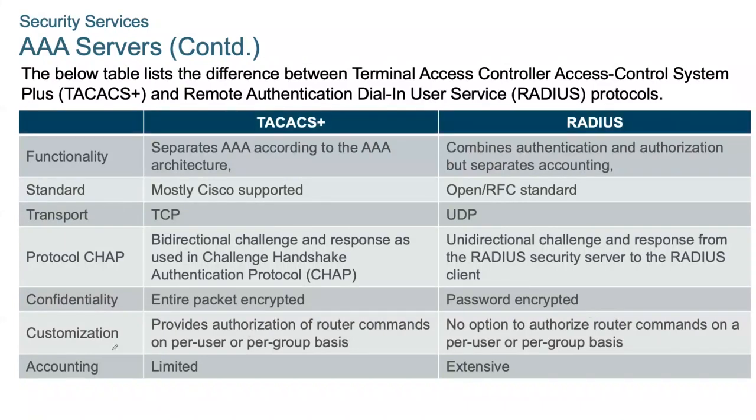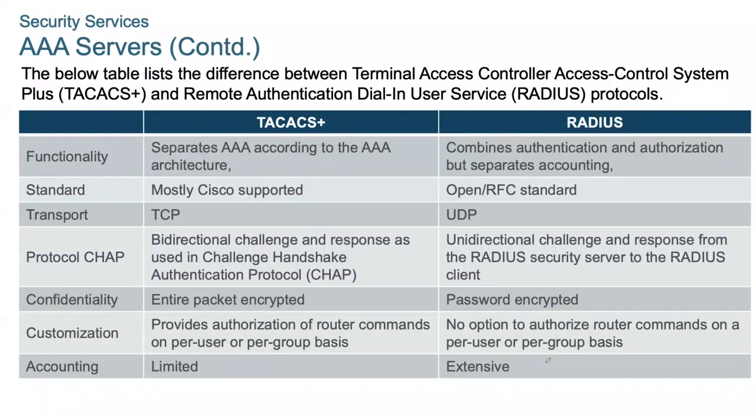And regarding customization, that means the authorization part, TACACS authorizes router commands either per user or per group. For example, in our class, the authorization is given to all the network and system security students, the group of students. Correct?